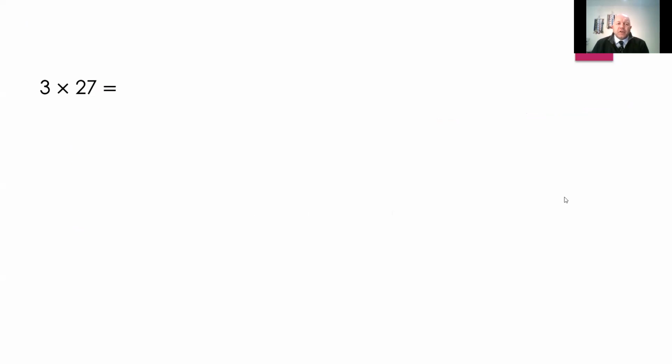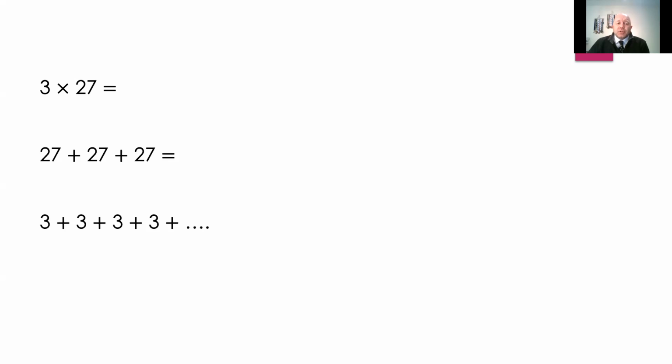Right, so here's our first example. 3 times 27, or the product of 3 and 27, or 3 lots of 27. There's lots of ways of saying it. But it means 27 plus 27 plus 27. Or we can reverse it and say 27 lots of 3.